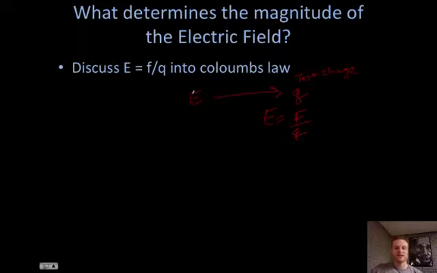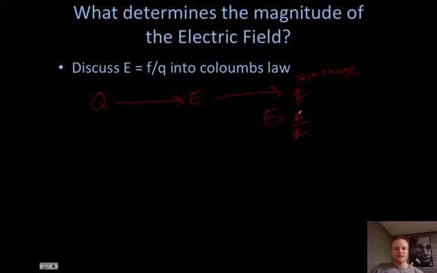What makes big E? If you remember from the previous slide or two, we said that the charge on big Q is what's actually responsible for making the electric field. So I'm wondering, how can we figure out what determines the magnitude of the electric field? Is there any equation that would involve big Q?